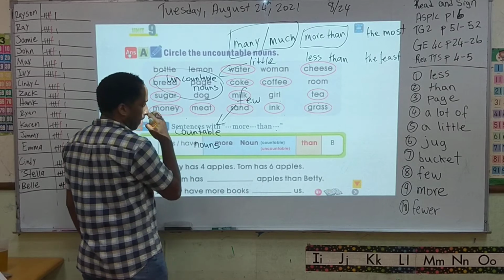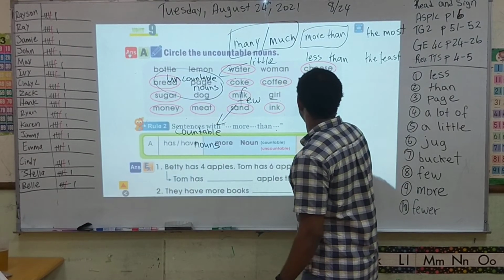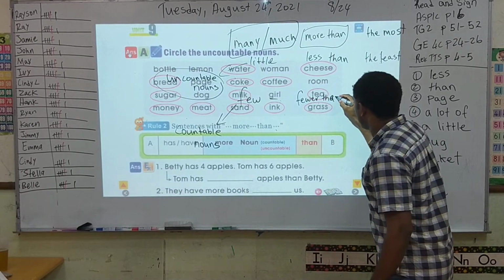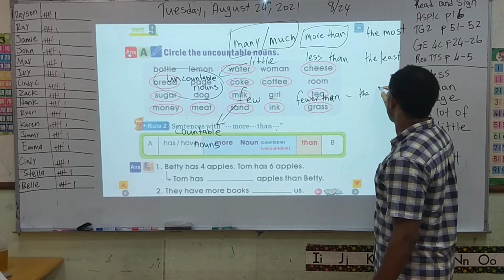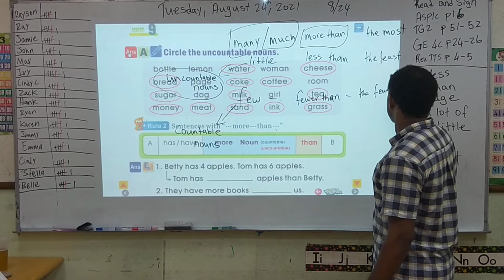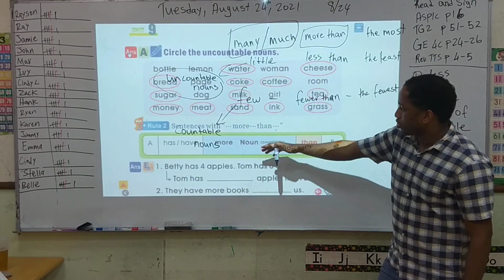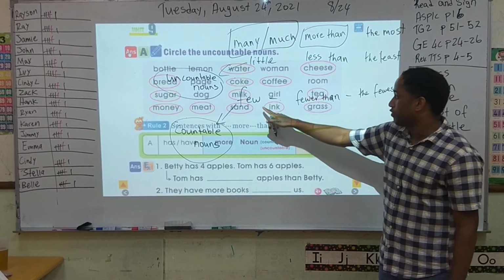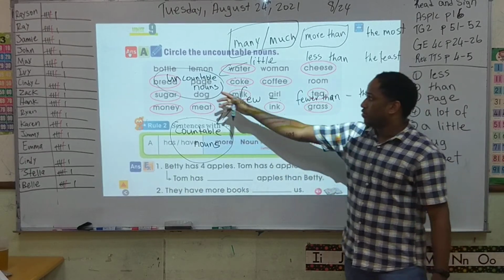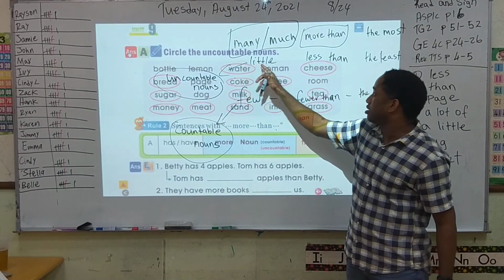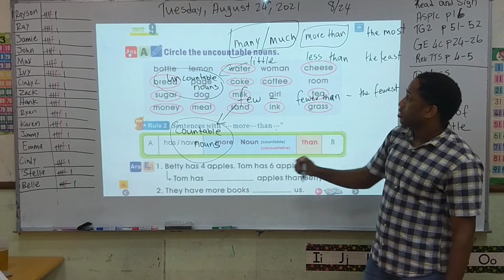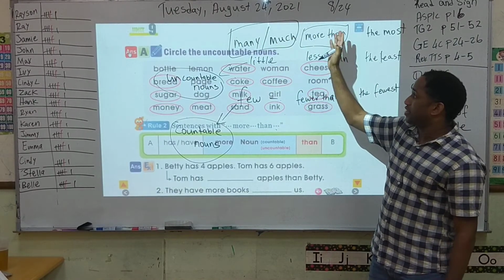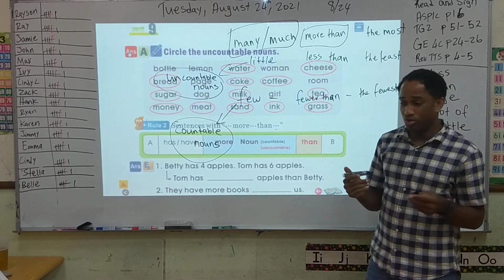Remember this: few, fewer than, is used for countable nouns, smaller in amount. For uncountable nouns, we use little or less than, or the least. Much and more than are used for both countable and uncountable.